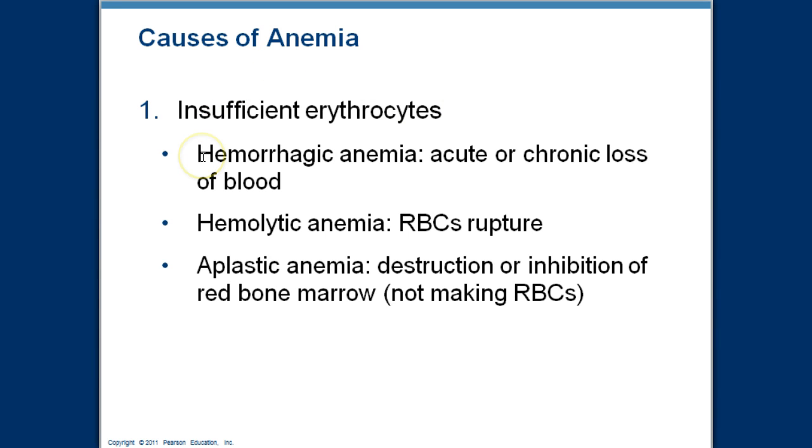Perhaps you have bled out, you've hemorrhaged, so you've lost some red blood cells. It might be that they're dying for some reason and busting open. Whenever a cell busts open, that's called lysis. So hemolytic anemia is red blood cells busting open anemia. And then aplastic anemia just means that your bone marrow isn't making enough red blood cells for one reason or another.